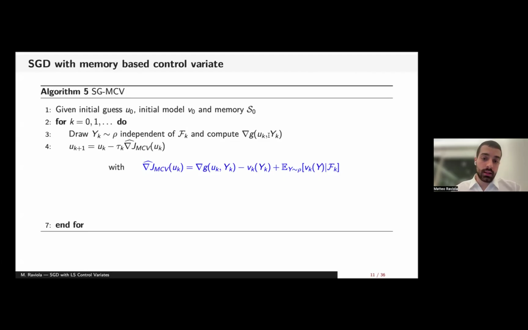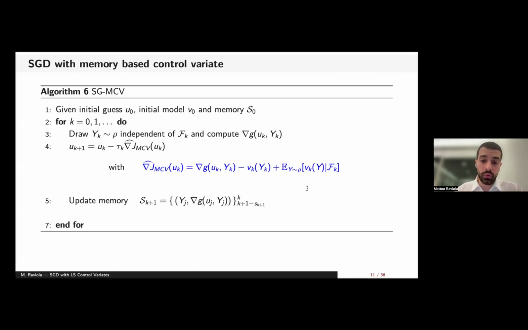And then, just like in SAGA, we update with this rule, where we take the newly computed gradient, subtract our prediction with the current model, and then add the expectation over the model. If you're familiar with control variates, this is exactly a control variate approach.